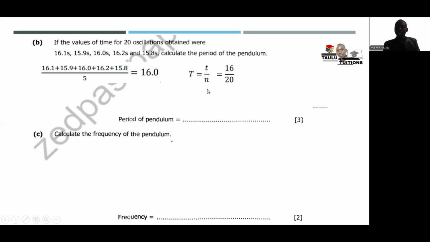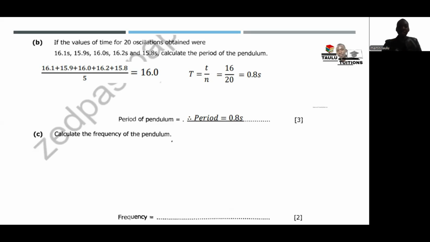So for the number of oscillations, we are using 20. When you do your math, 16 divided by 20, we find our answer, which is 0.8 seconds. Don't forget to put the unit. The unit for period is seconds. So the answer for question B is 0.8 seconds.